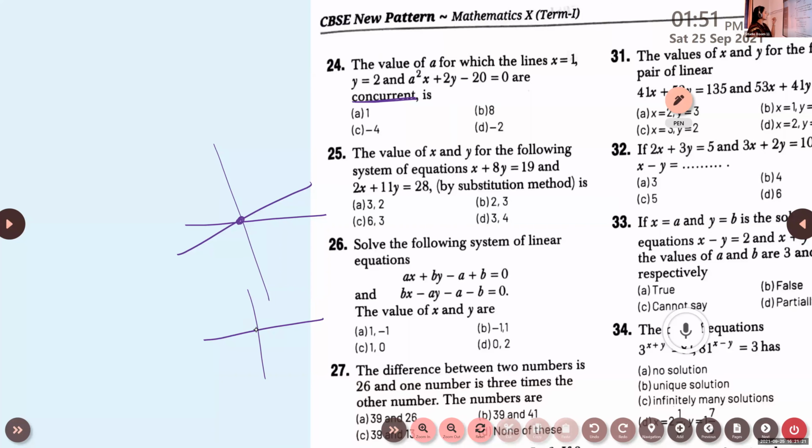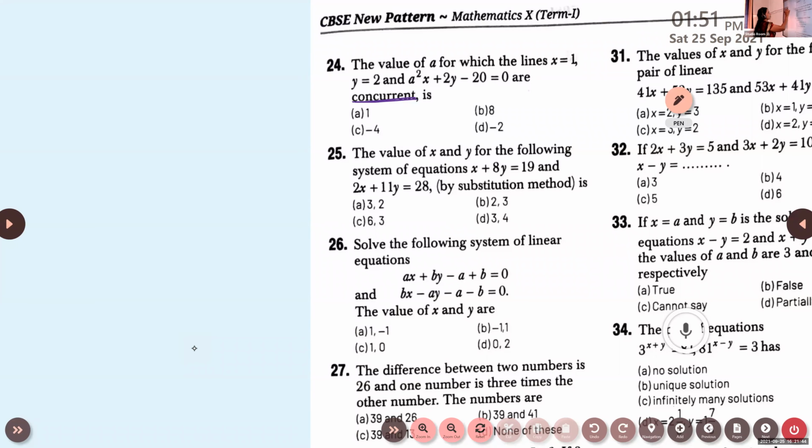Okay. Here what is given? X is equal to 1, y is equal to 2, and a square x plus 2y minus 20 is 0. Then what is the value of a? How will you do this?